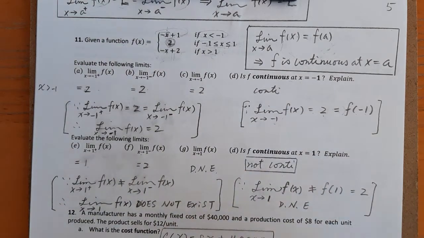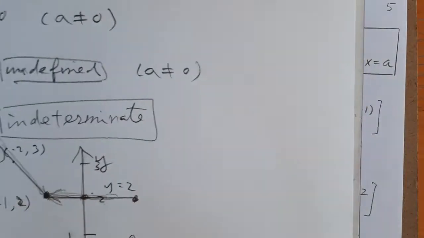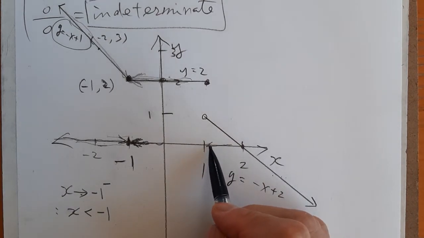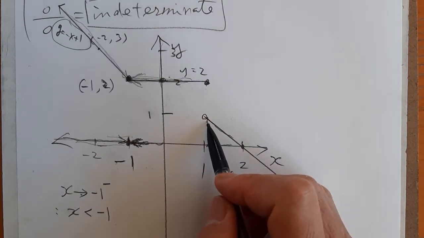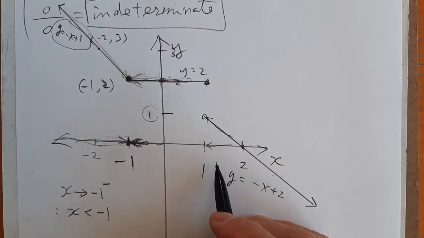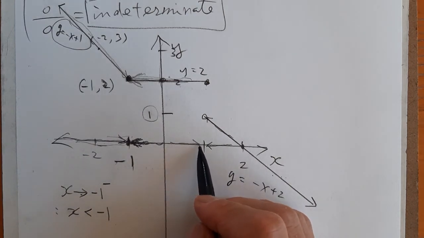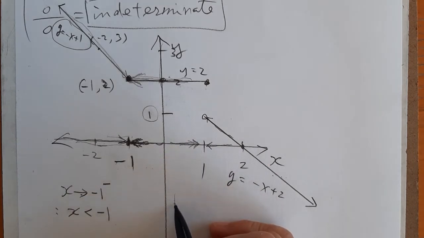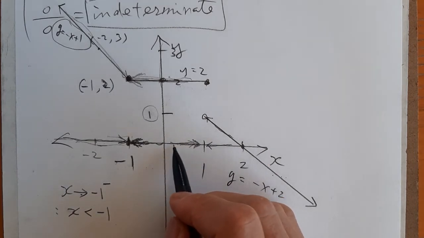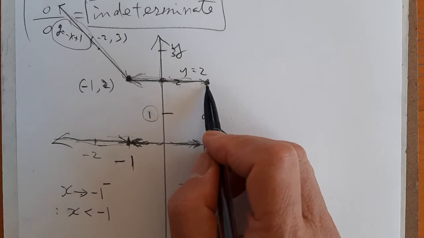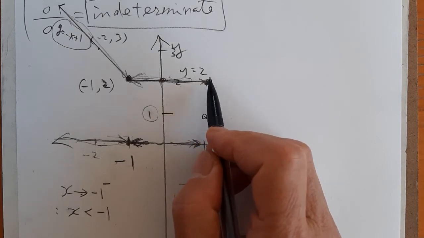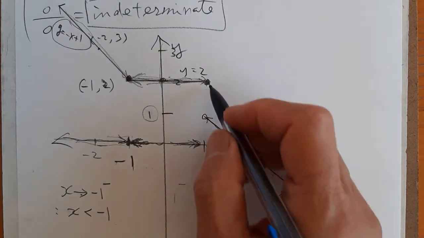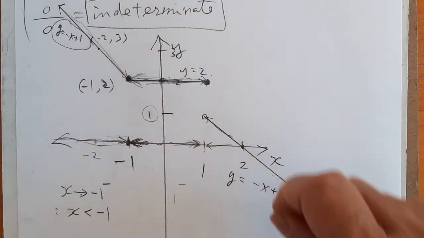They are not equal. If you look at the graph, when x approaches 1 from the right-hand side, the y value approaches 1. When x approaches 1 from the left-hand side, the y value approaches 2. So they are not equal.